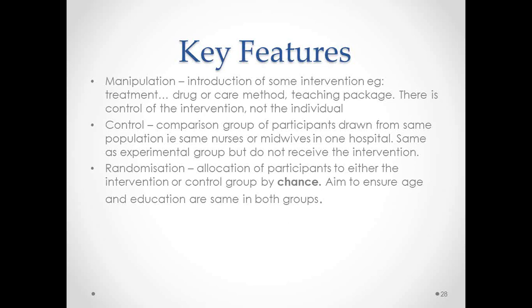You have that issue with lots of different trials that you can't not treat a group. So you're absolutely right, and that's a specific example in Bristol. But yeah, you can't not treat.